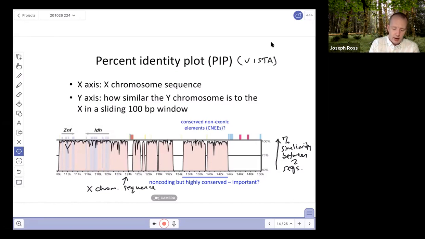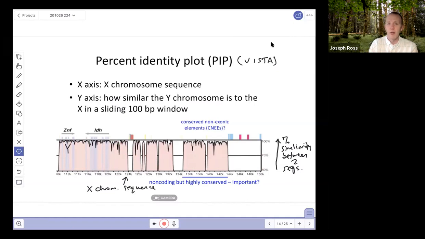So we can see that, for the most part, the X and the Y sequence are close to 100% identical. Notice that the scale only goes down to 50% in this plot. But there are particular windows where, in that 100 base pairs, the X chromosome and the Y chromosome sequences are only 75% identical. So of those 100 base pairs, about 25 were different on the Y chromosome than on the X chromosome.